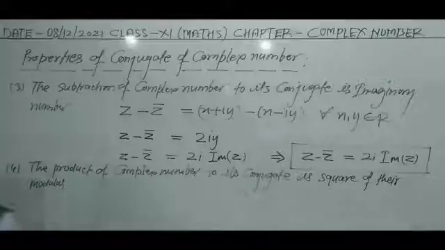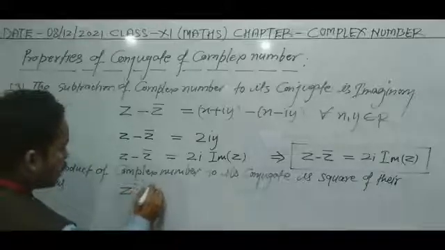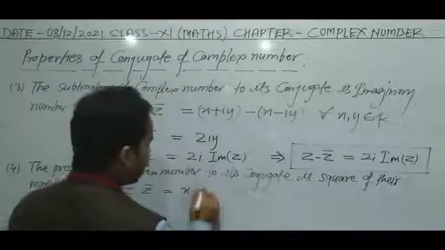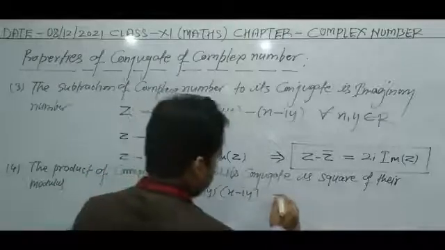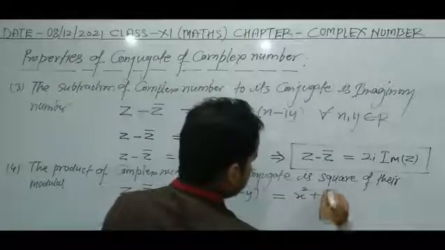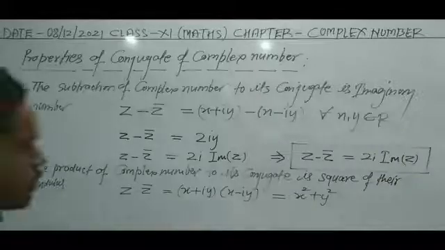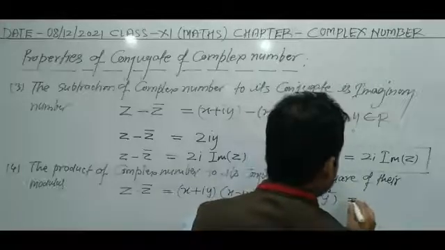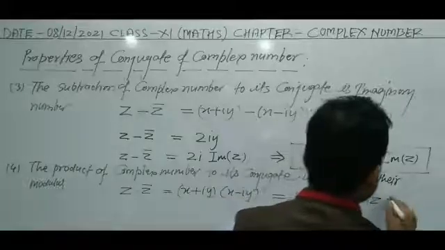So see, this is the complex number and this is its conjugate, and when you will multiply, so x plus iy, x minus iy, and this result will be x square plus y square, and this result we can write, mod of z whole square.